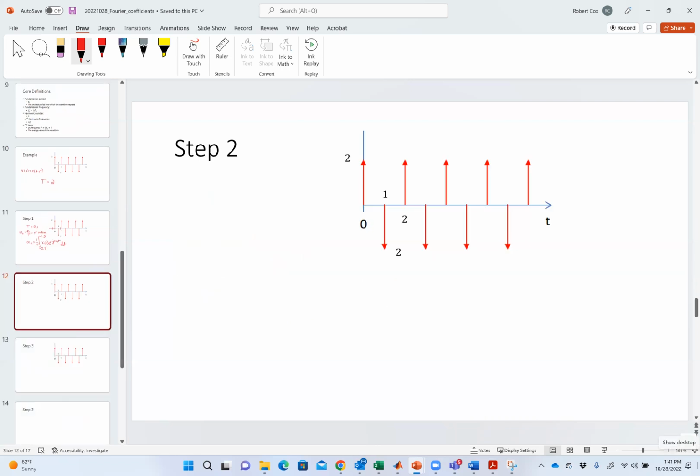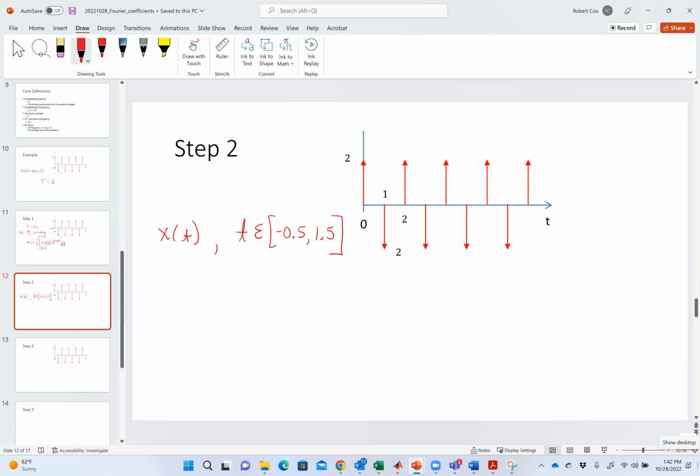In particular, I need to get an equation for x of t over the boundaries from negative 0.5 to 1.5. So I got all fancy: t is an element of that range. What's that?